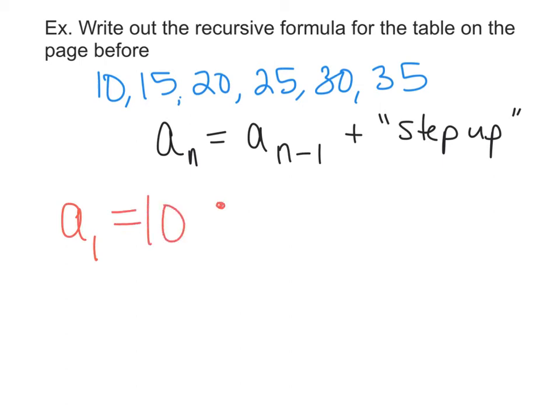You'd put a semicolon and you'd say, okay, so a sub n is equal to a sub n-1 plus, well, what is the step up? What is going on each time? Well, if you notice, we're adding 5 each time, so it'd be plus 5. That is all you have to do for the recursive formula. You just have to write it in this formulaic form.